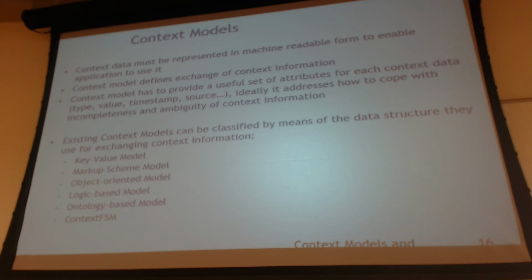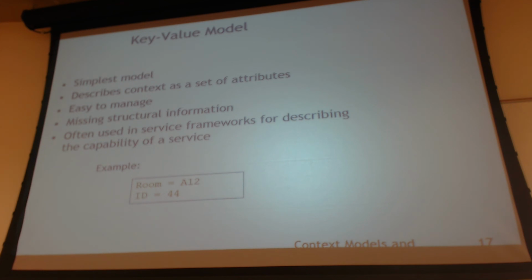So let's see the different models. The key value model is one, which is the simplest model of context. You have certain state variables, such as room and ID, and you give some values to those state variables. So this is a context.